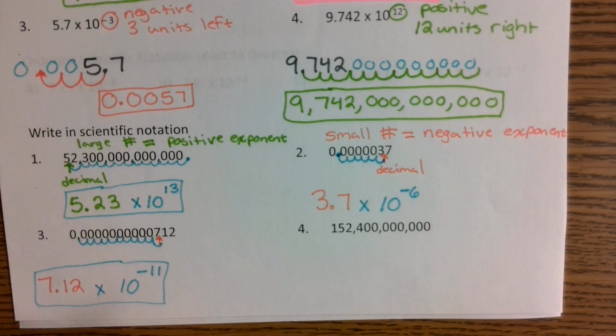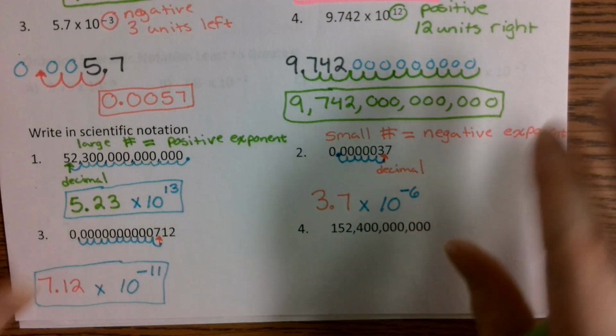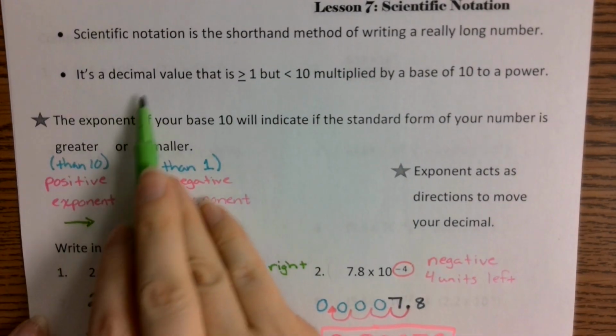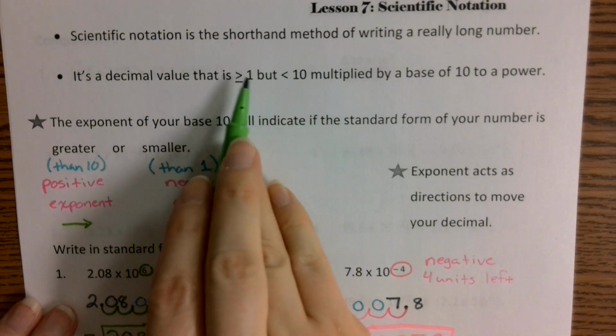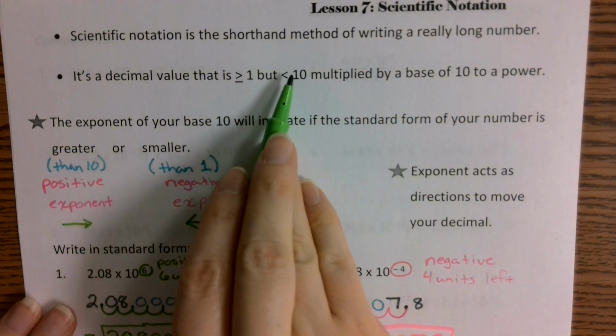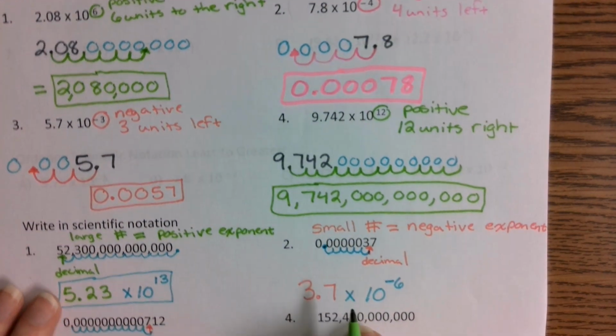What mistake did Ray make? Alex? She made the base value bigger than 10, right? Remember, scientific notation means your decimal value is always going to be greater than or equal to 1, but it has to be less than 10. 15 is not less than 10.